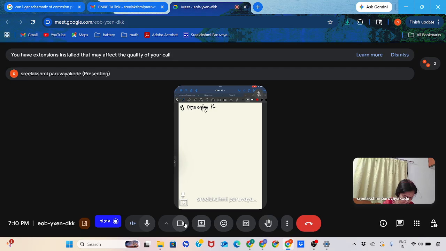PDM employs the following equation to describe mass transfer in film.